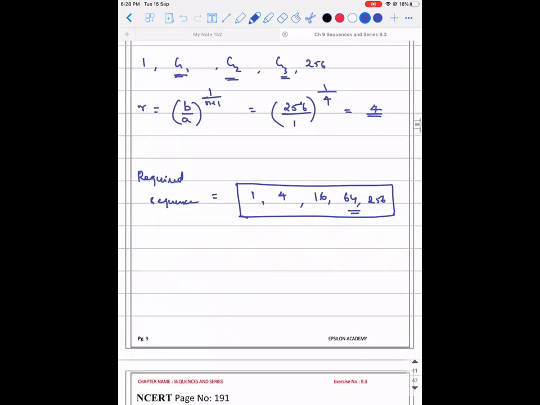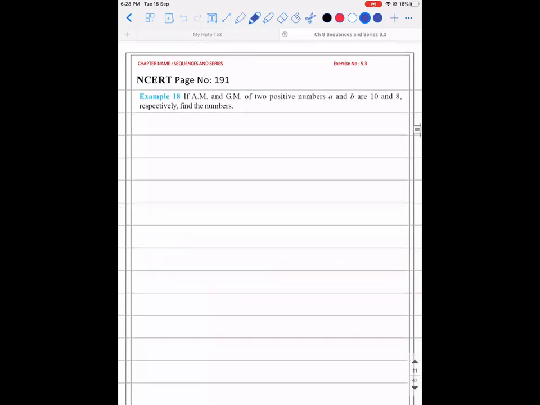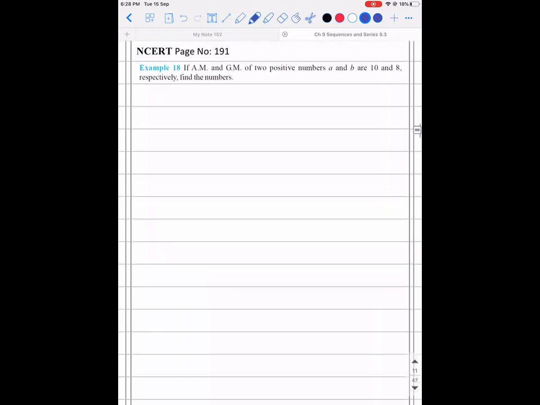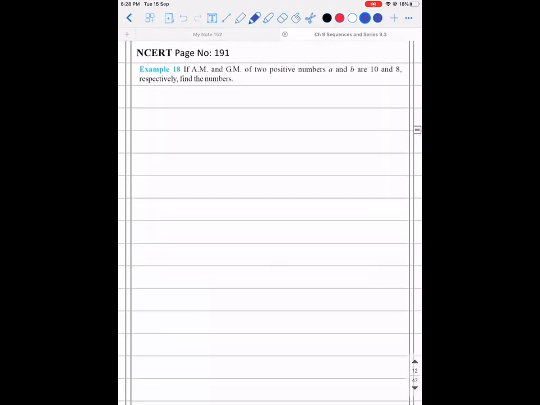Moving on to the next question. If the arithmetic mean and geometric mean of two positive numbers A and B are 10 and 8 respectively, find the numbers. So solution, what is given?